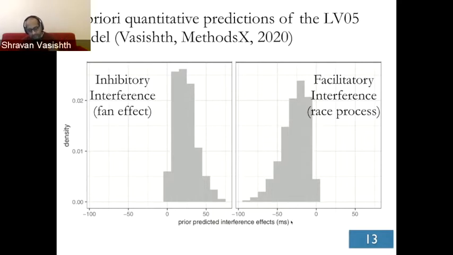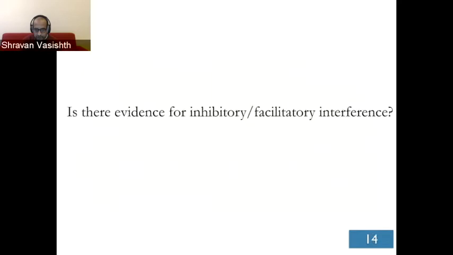There's a parameter for that, so I'm using a prior distribution on that parameter as well. But the important thing is that I'm holding all the other parameters constant to the values that were in the original 2005 paper. So this is a prediction of the model before any data are actually seen.